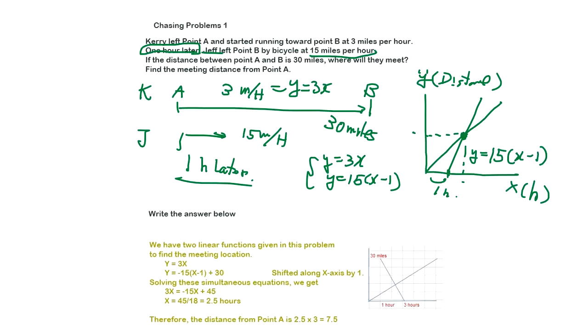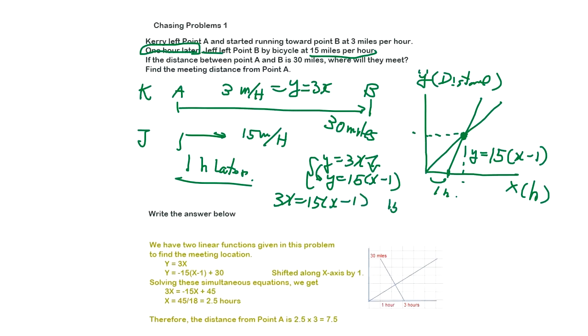Okay, how do you want to solve this? We use the substitution method we talked about, right? Let's see, y, we replace 3x equals 15 times (x minus 1).